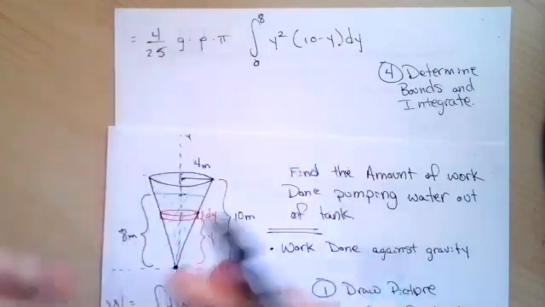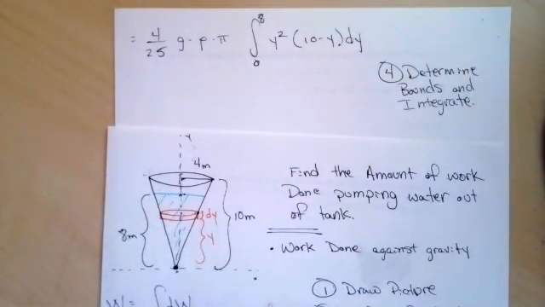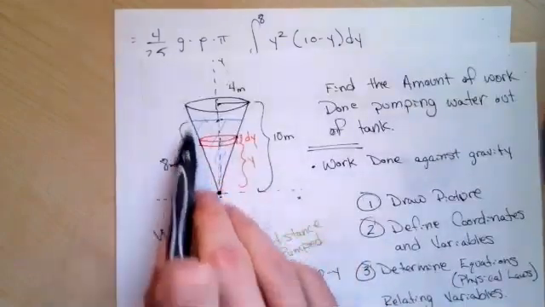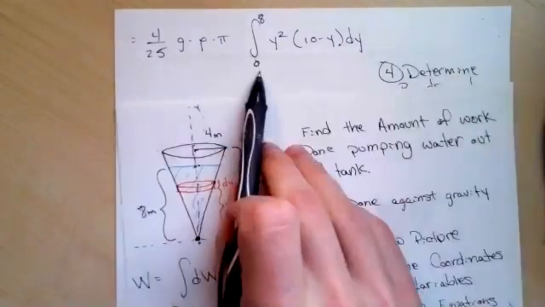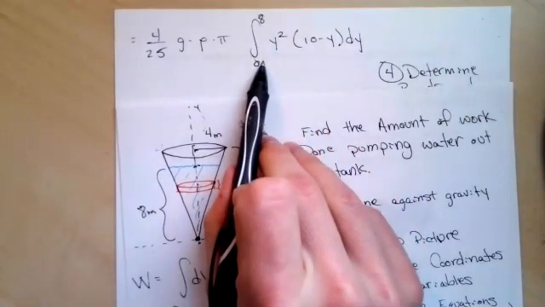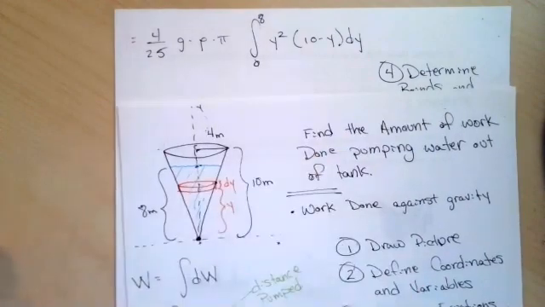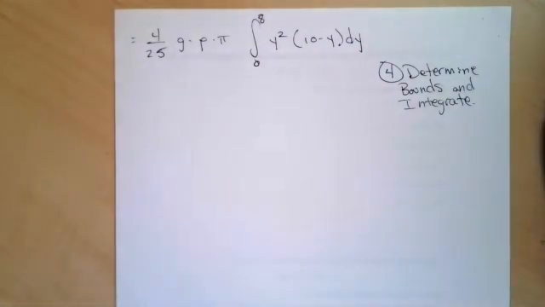Of course, we've got some constants for gravity and density, and then the actual depth of the water, which was different from the entire height of the tank, we have encoded in our bounds of integration. So that's about it. I'll leave the integral to you guys.